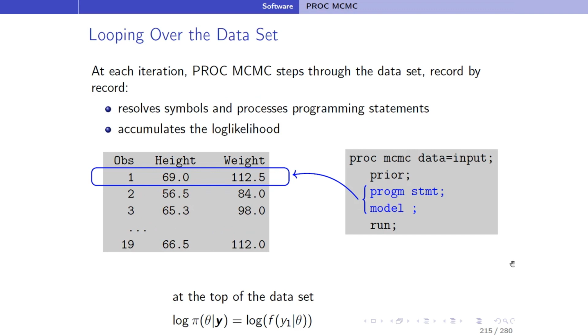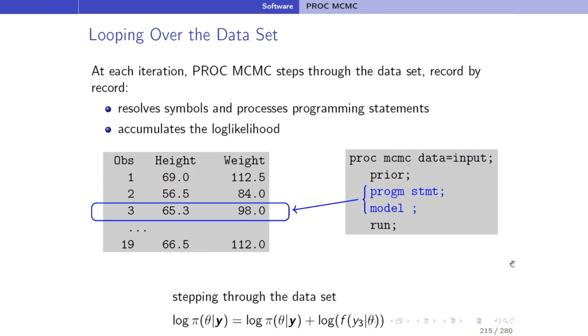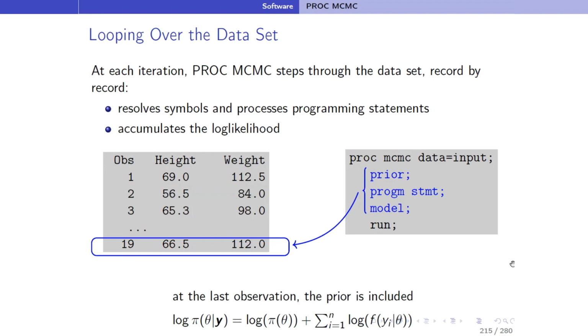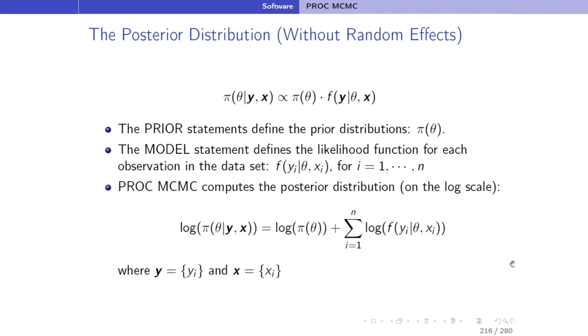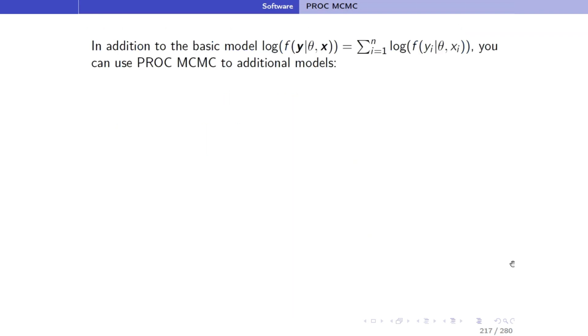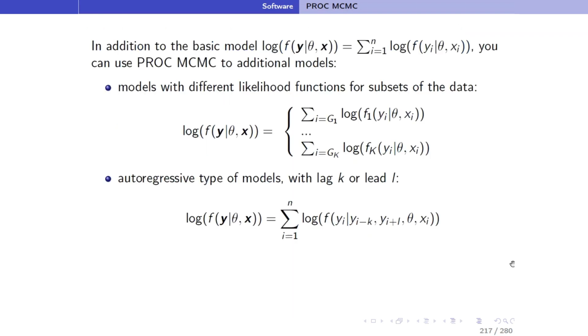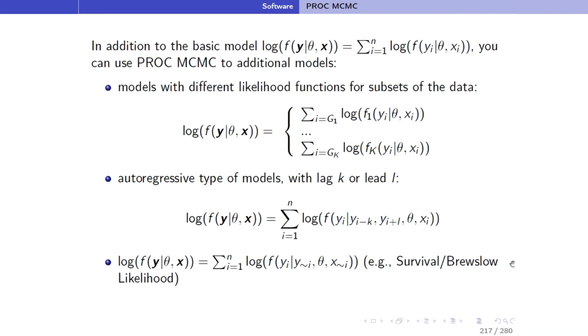The next section explains looping through the data sets, how PROC MCMC accumulates the log posterior distribution for computing, what the prior statement means, what the model statement means, and the different types of models that it can fit: not only the simple IID model, but also data for different subsets, autoregressive data, and data with complex dependency among observations.